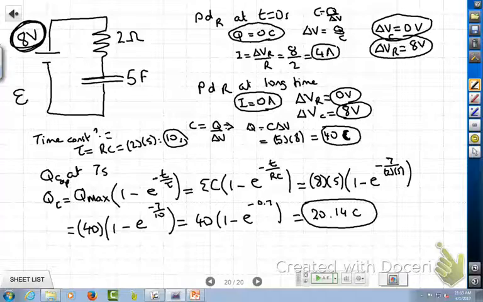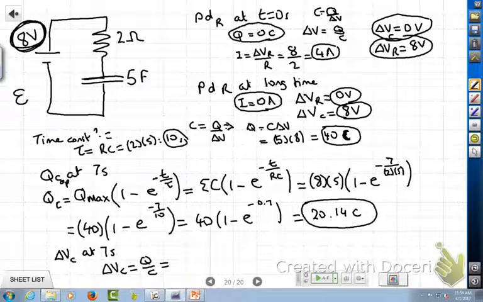If I asked you for delta V of the capacitor at 7 seconds, you'd simply say delta V is equal to Q over C, which equals 20.14 coulombs over 5, which equals 4.03 volts.